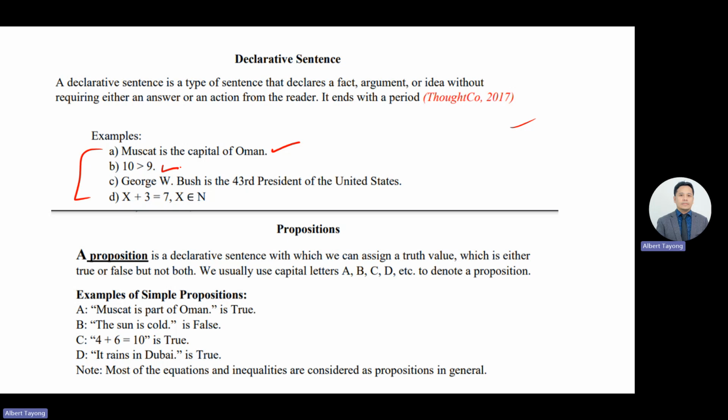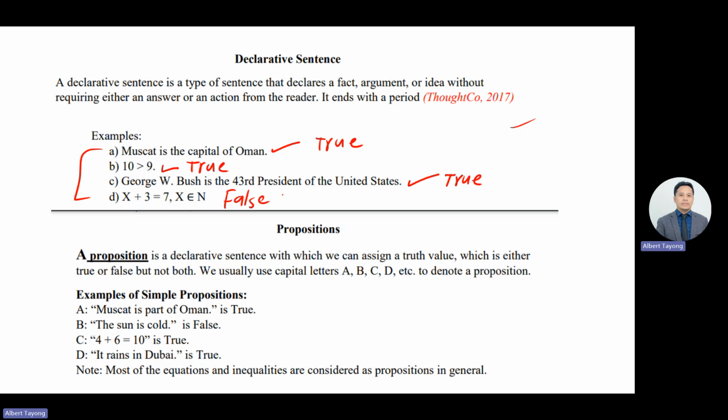And here we have an inequality, and this talks about the 43rd president of USA. So the first three are actually true, but the fourth one is not true.